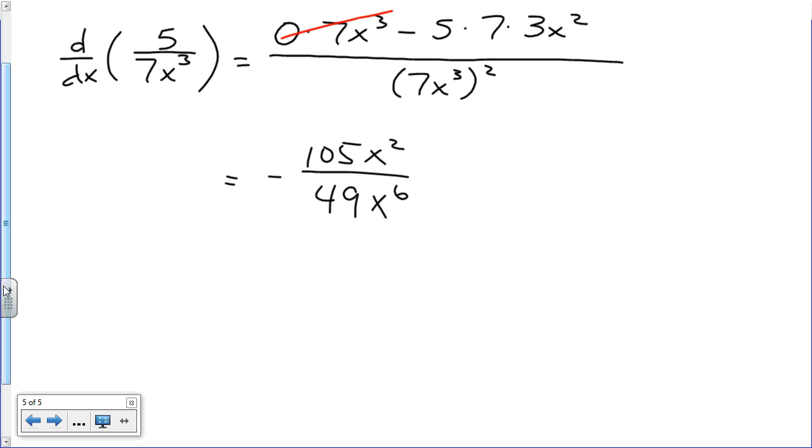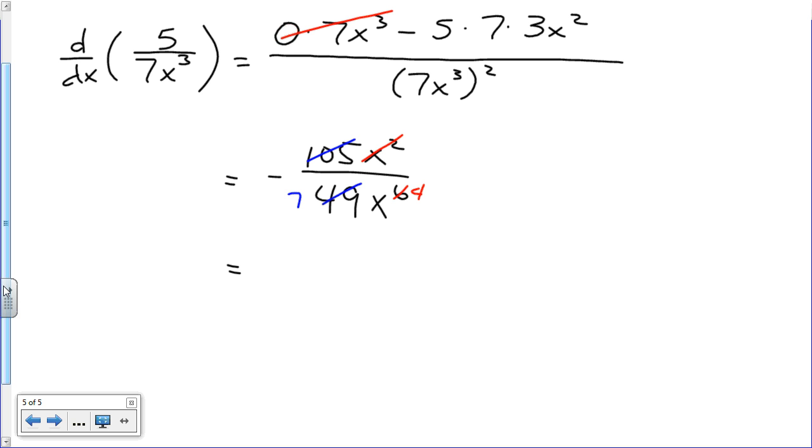And we could simplify that a little bit further with the fact that x squared over x to the 6th would simplify to give me just an x to the 4th in the denominator. And in fact, I can factor out a 7 from both the numerator and denominator. If I factor out 7 from the 49, I'll be left with 7.